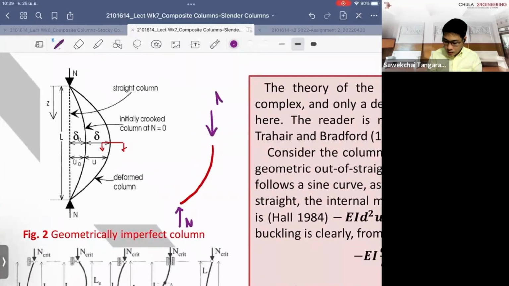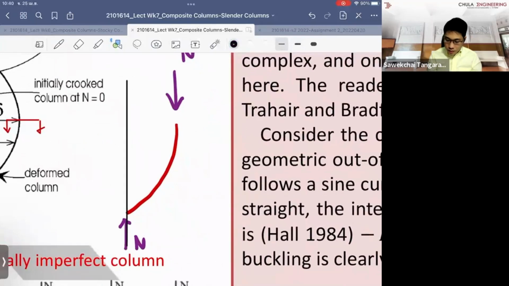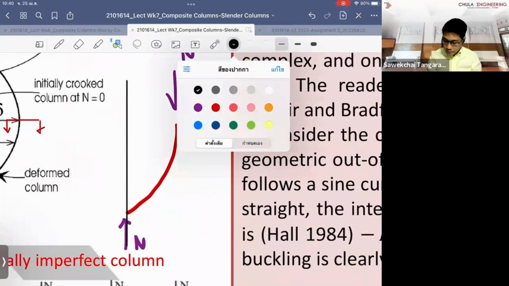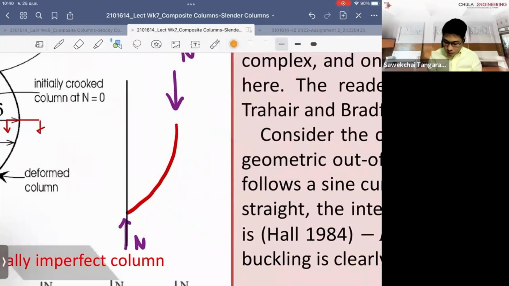We have the axial force here, but the line of the column is supposed to be along this line. So that's why you have eccentricities in the member, and we call this amount of eccentricity the out of plane deformation, equal to delta naught plus delta.